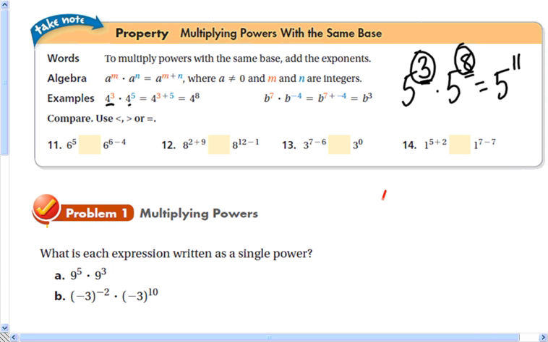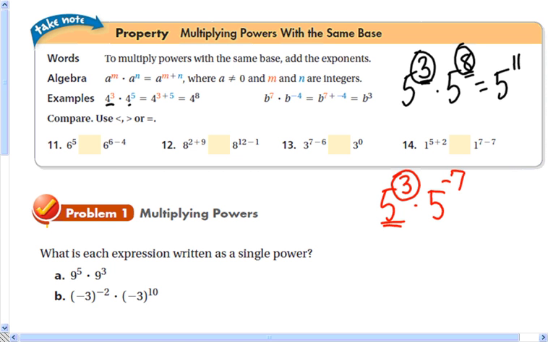Let's say we have 5 to the third, and we're going to multiply that by, say, 5 to the negative 7. Well, remember the negative exponent means you're really dividing by 5. So we start by multiplying by 5 3 times, and then we divide by 5 7 times. Well, the first 3 times we divide by 5, we're really undoing this and bringing it back to 1.